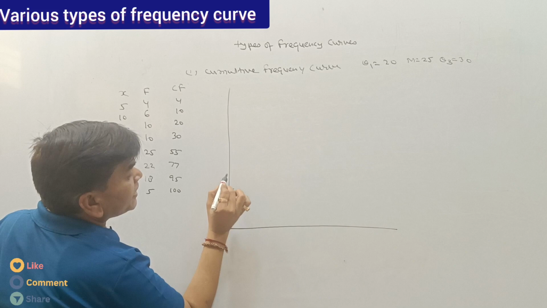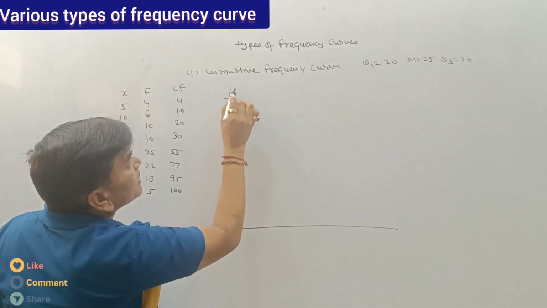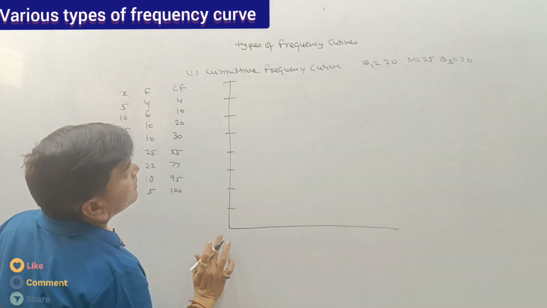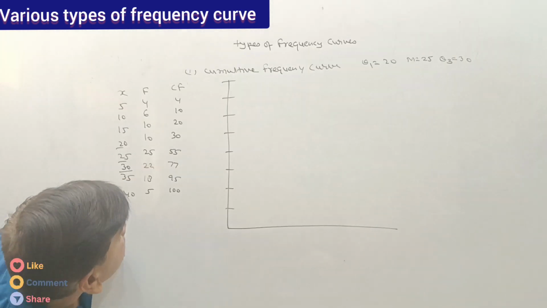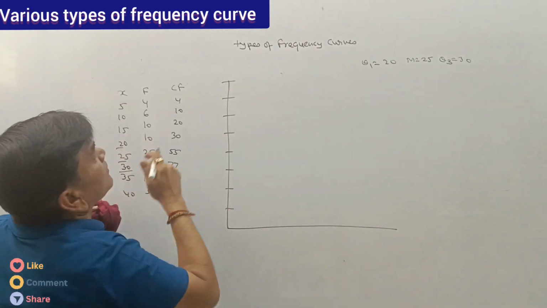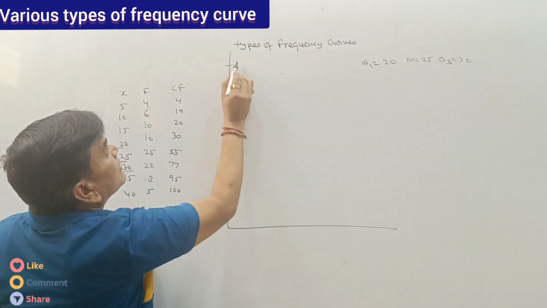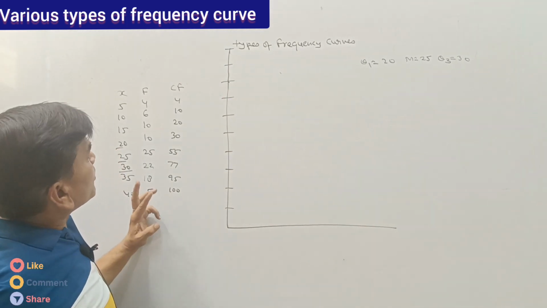10, 20, 30, 40, 50, 60, 70, 80, 90 and 100. Okay, so this is CF. We will plot the CF first.